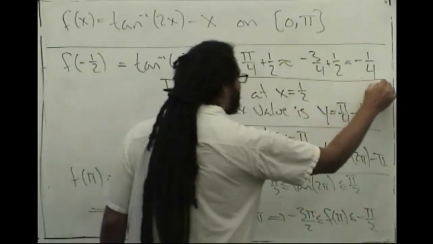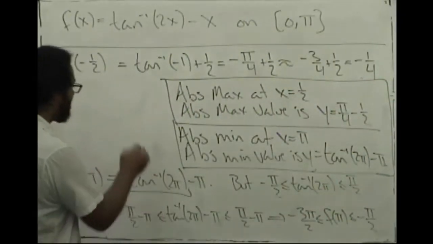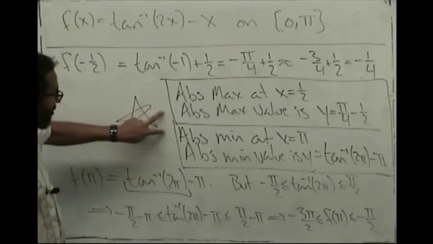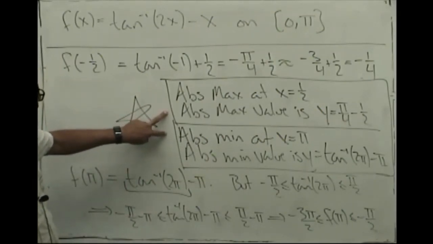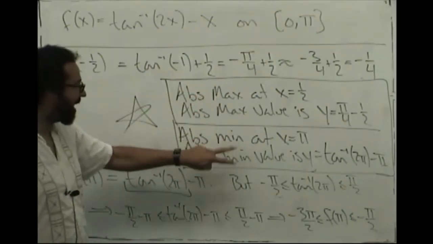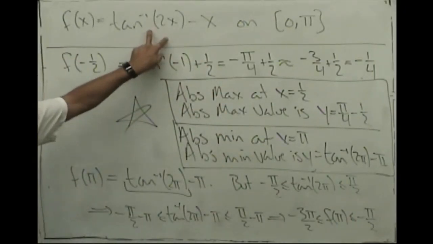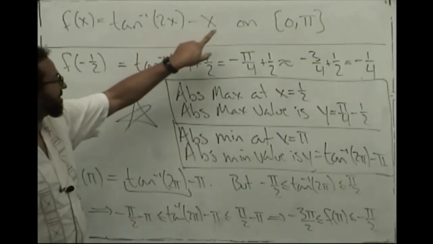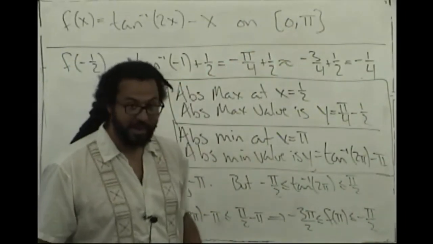Right, so this thing here would be a good final answer to this problem. So we found an absolute max and an absolute min to the function tangent inverse 2x minus x on 0 to pi. Okay.